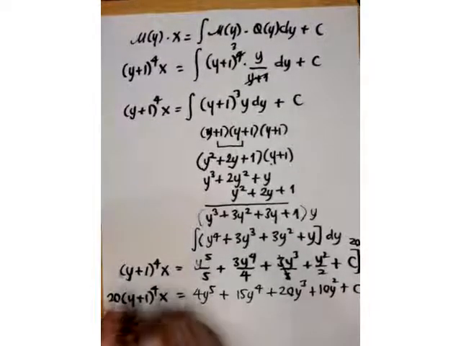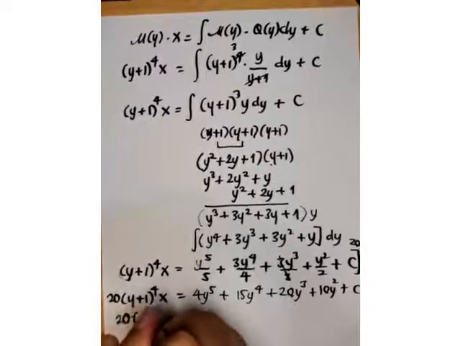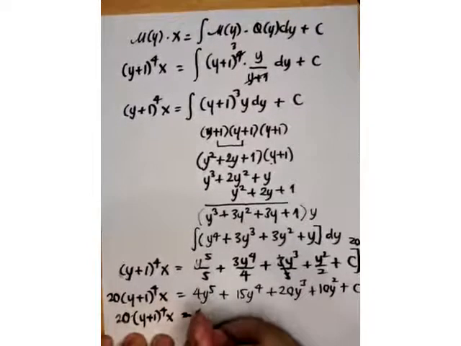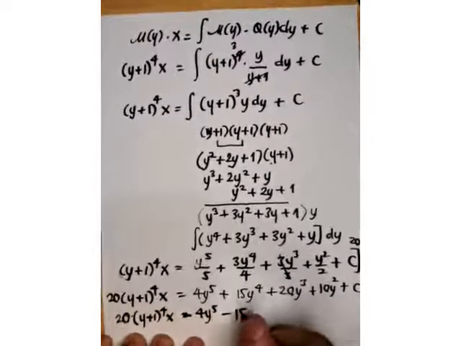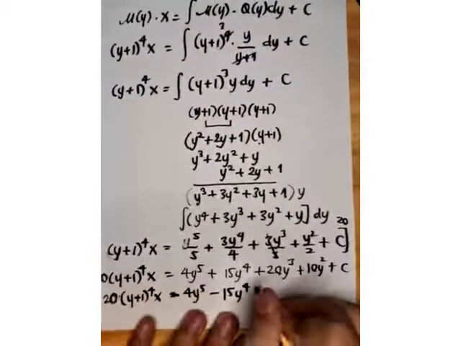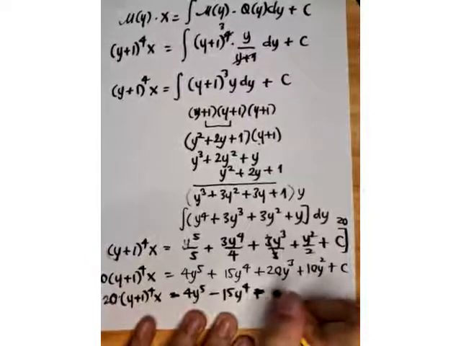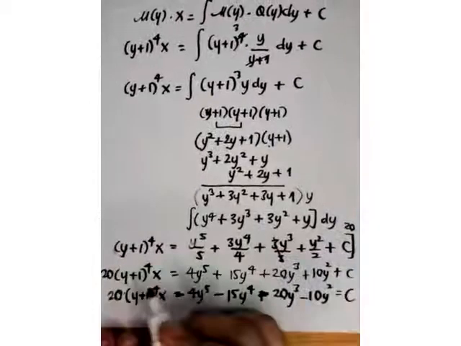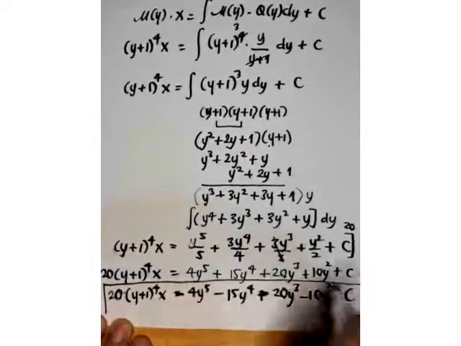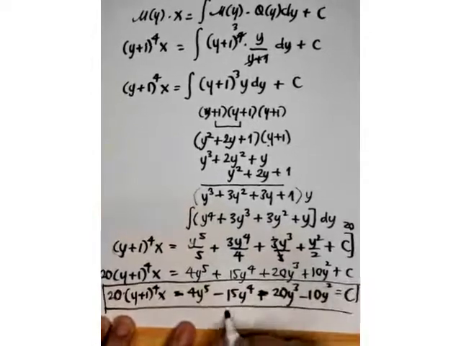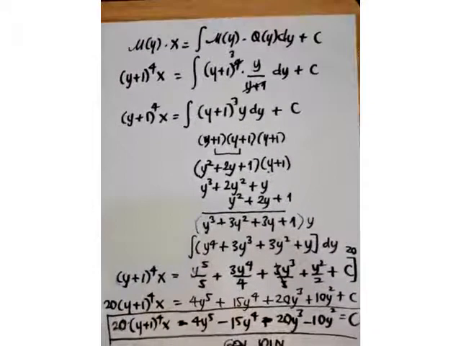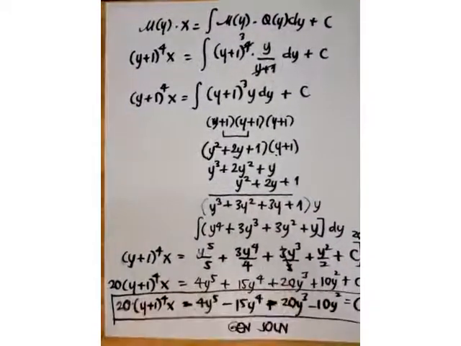Or 20 times y plus 1 to the fourth x minus 4y to the fifth minus 15y to the fourth minus 20y cubed minus 10y squared is equal to c. Ayan. So this is our general solution. Okay? This is our fourth example.